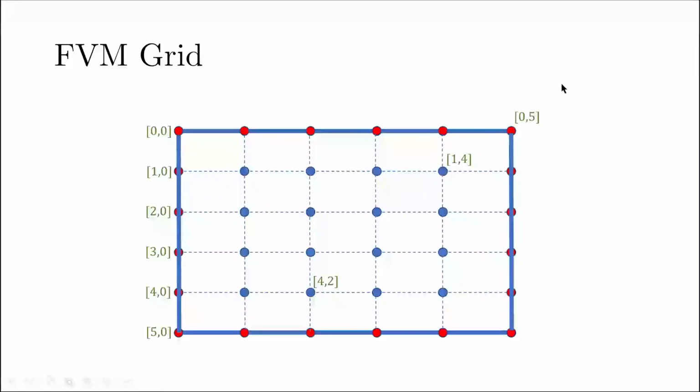Gradually you will get a habit of this: the index and the counting differ by 1, that is, the index is lagging by 1. This is the same kind of syntax that you would also observe in C programming. The index is always lagging by 1 relative to your physical counting. So you can have 0, 5 as the index of this top right point.